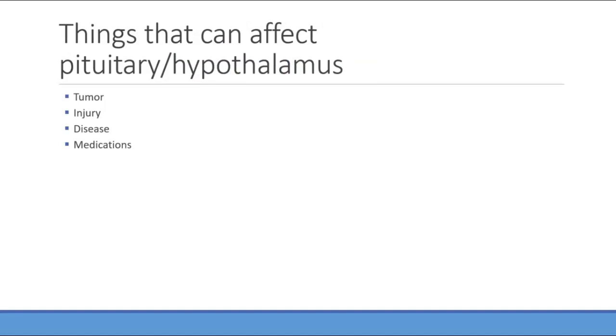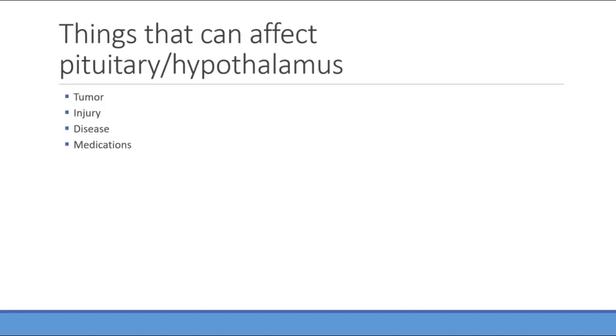The last thing I want to say before we move into diabetes-specific discussion is that things that can affect the pituitary or hypothalamus can also affect hormone release. And I think sometimes we don't think about this. We know that the pituitary gland controls these things, but what happens if something happens to the pituitary gland? Well, we can end up having problems.